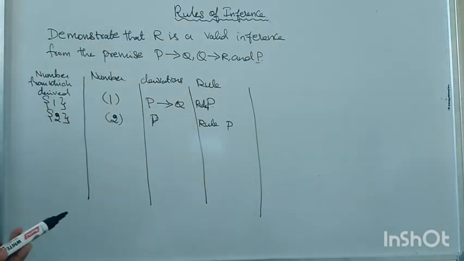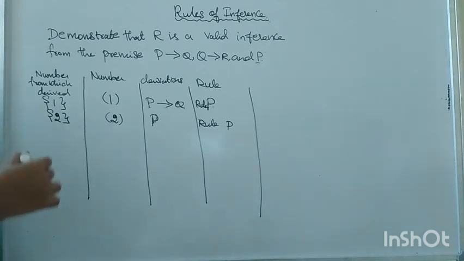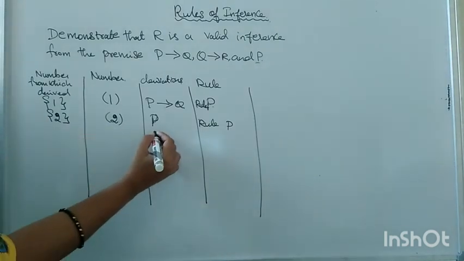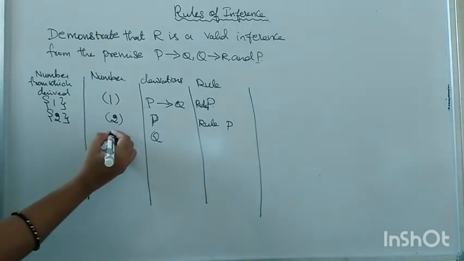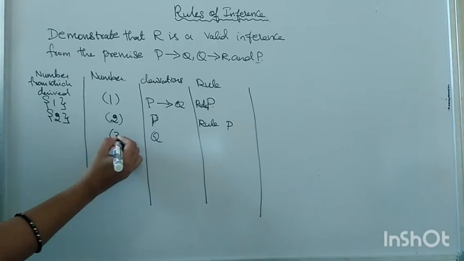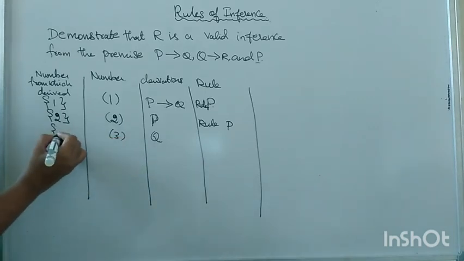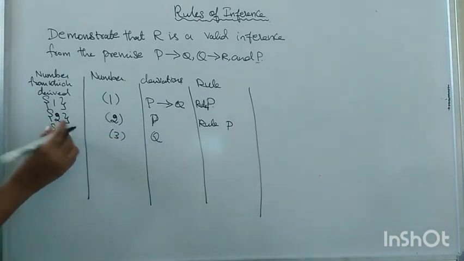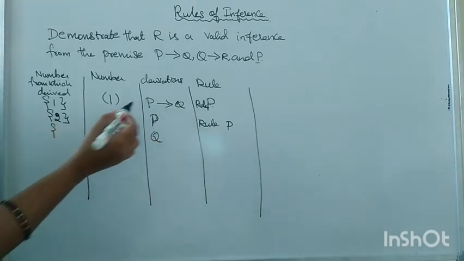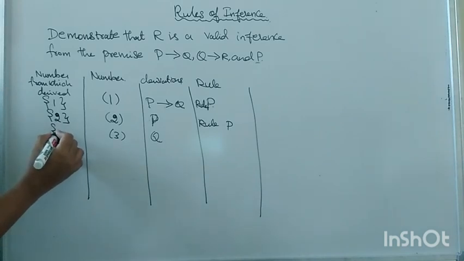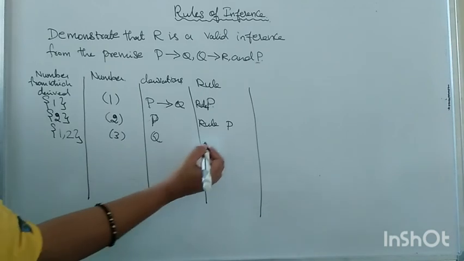Next, if P then Q. We have already discussed if P then Q, so we can write it here as Q and here as 3. Based on 2 and 1 only we are writing, so based on 1 and 2.